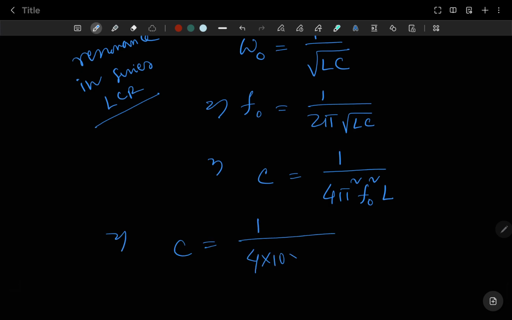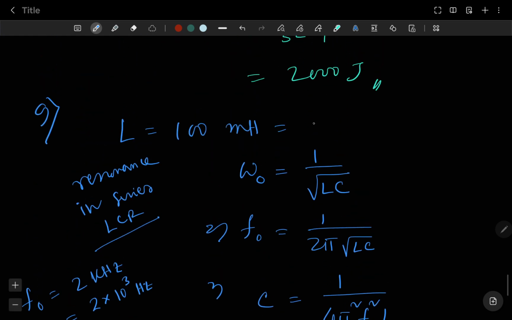4 into 10 into f0, which is 2 kilohertz, so it's 2 into 10 cube hertz. So it will be 4 into 10 to the power 6 hertz, and L is 100 millihenry, means 100 into 10 to the power minus 3, that is 0.1 Henry.